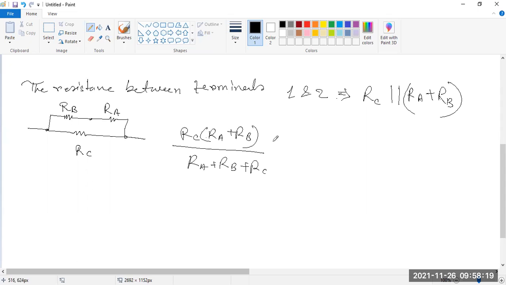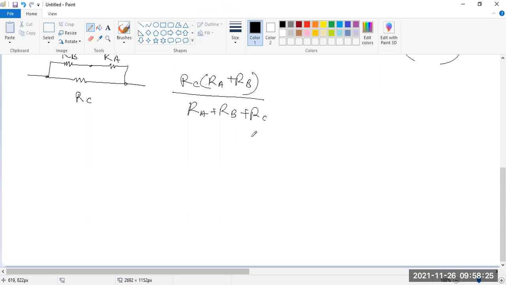It is the multiplication of these two resistances divided by the summation of the three resistances. Now this is for RC.